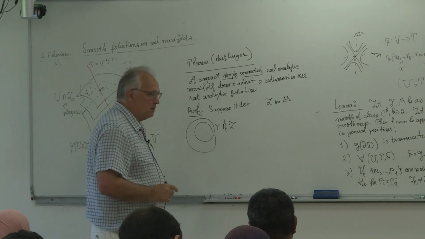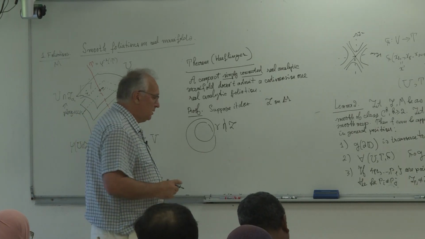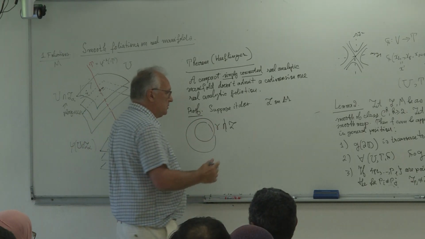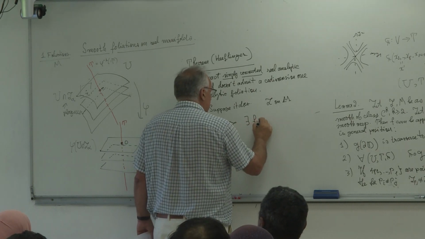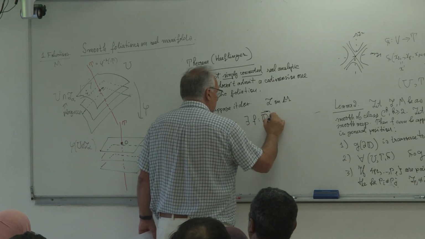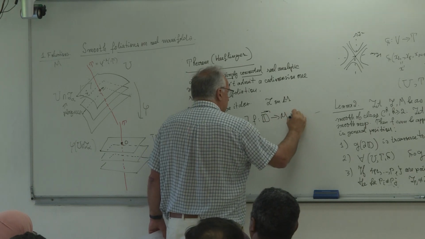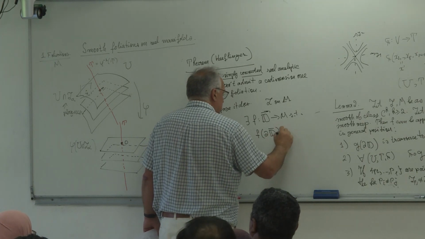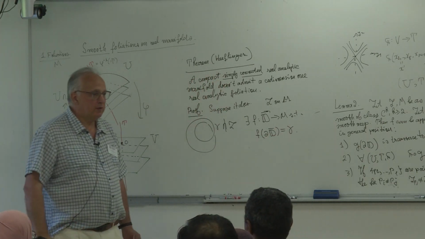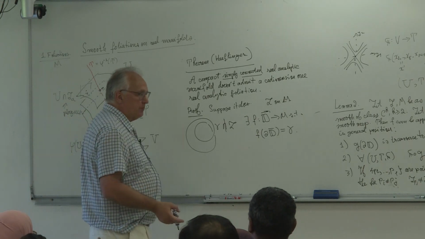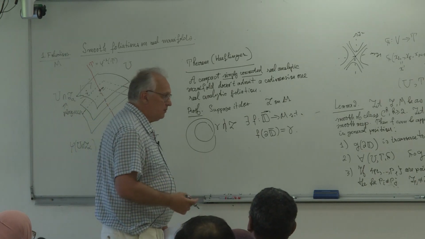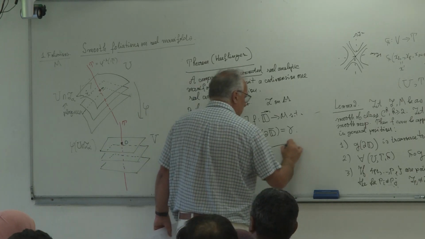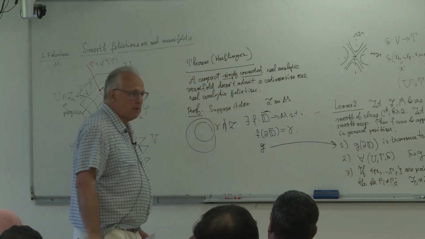Since M is supposed to be simply connected, this curve is homotopic to 0, and that means that there exists a map from the disk to M such that on the boundary this is our curve. And now we can perturb this map to get J from here, having these properties.